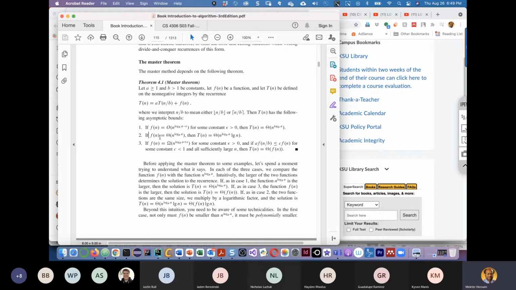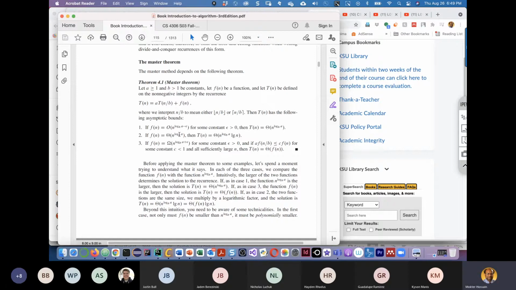Now the second one, if f(n) equals theta of n to the power log of a with base b. You see that the first one is big O, the second one is theta, and the last one is omega. When you write it on a computer, if you cannot type theta, you can spell out theta.